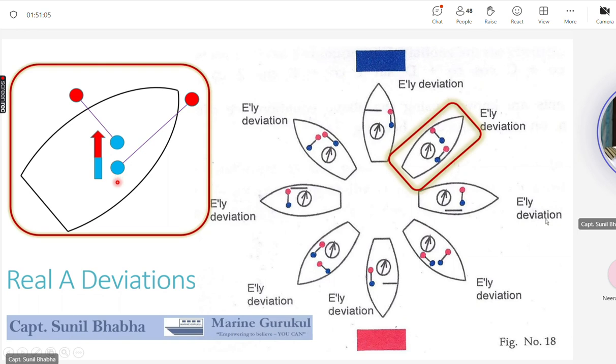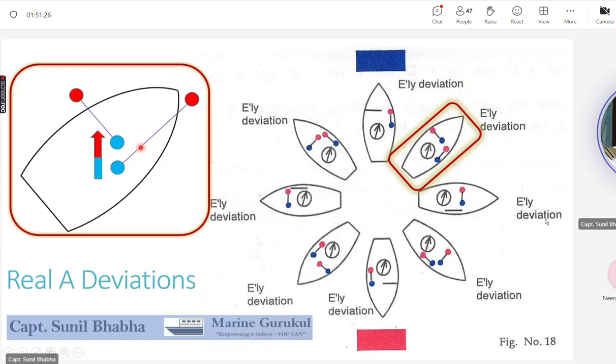Now in this case you see the Earth's magnetic field coming from south to north is going to induce both these structures, because both of these structures are now at a 45-degree angle to the Earth's magnetic field. They are neither fully aligned nor misaligned.